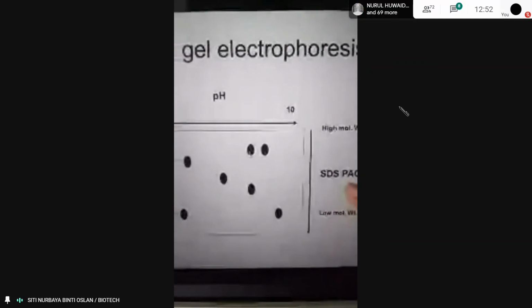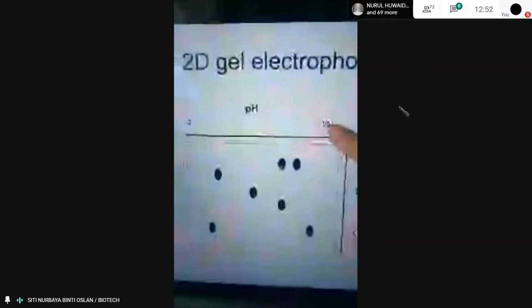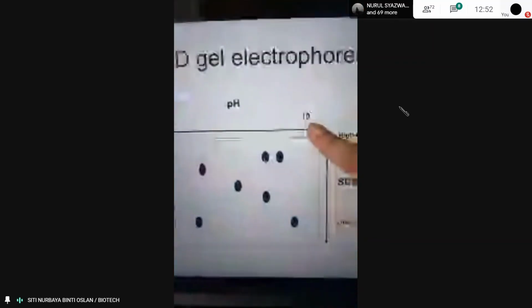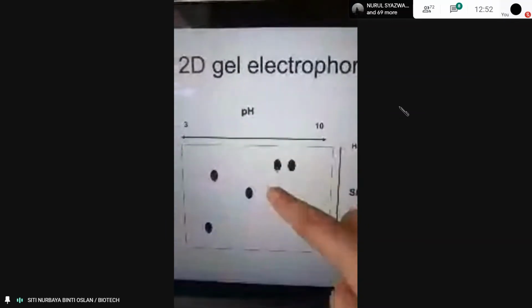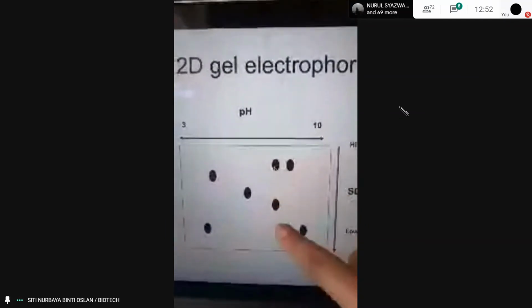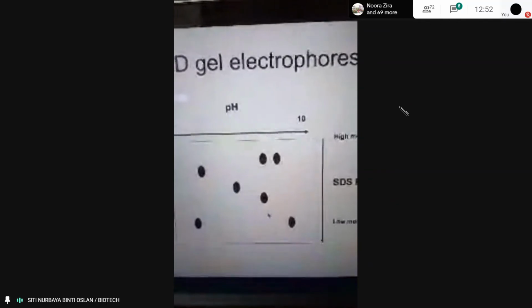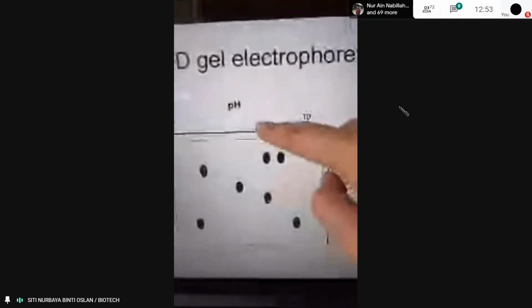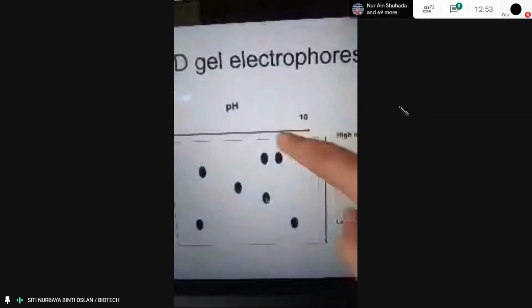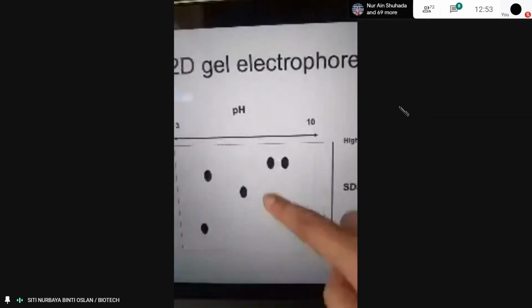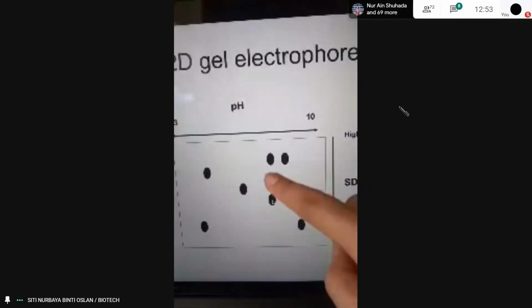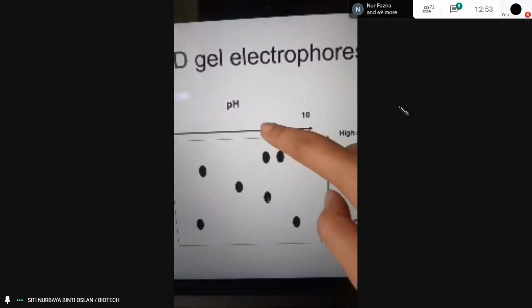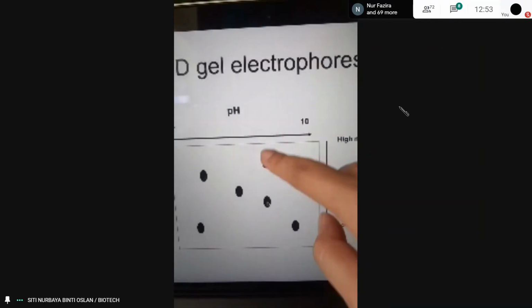If I want to do only the pI, what happened? These two dots, the top dot and the second dot, will be represented as one band in your IPG strip because they have the same pI. Okay?